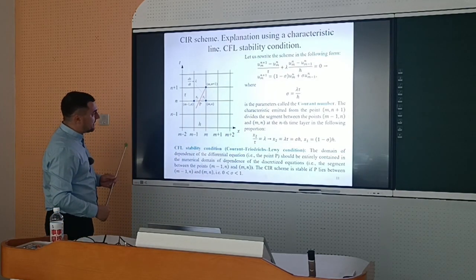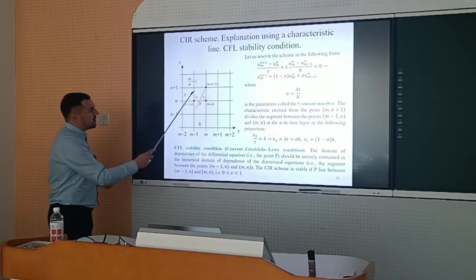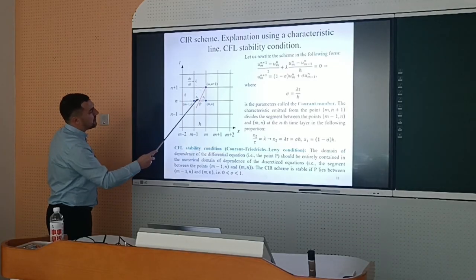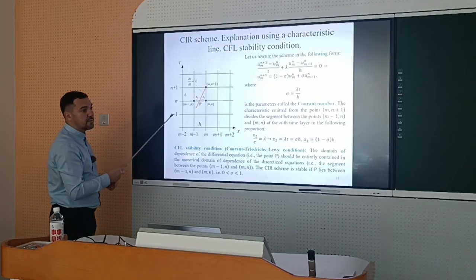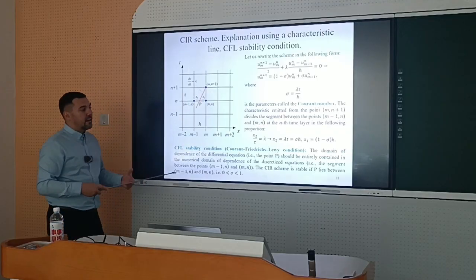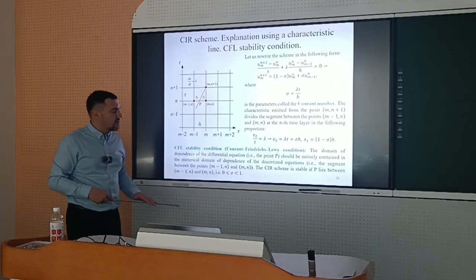Okay, but the problem is that maybe the characteristic line will intersect our nth time layer not here, but for example here or here. Is it possible? It's possible, but in such a situation there is the so-called CFL stability condition, or Courant-Friedrichs-Lewy condition.